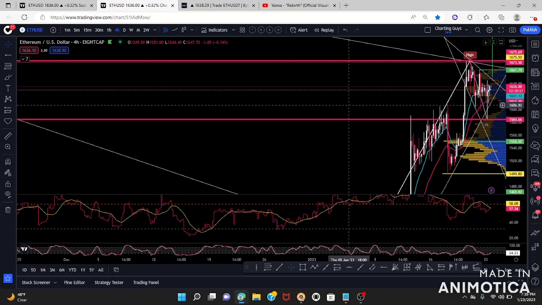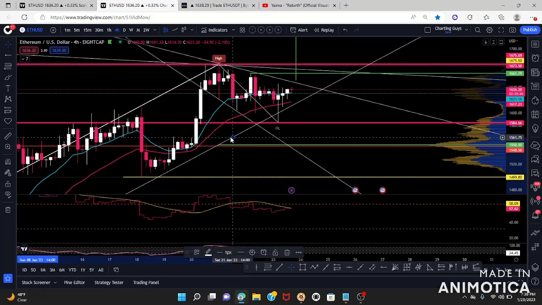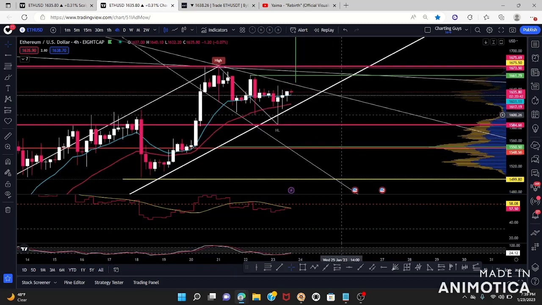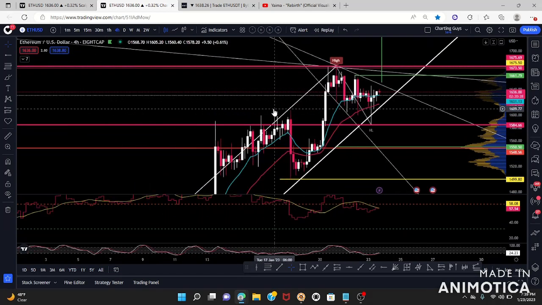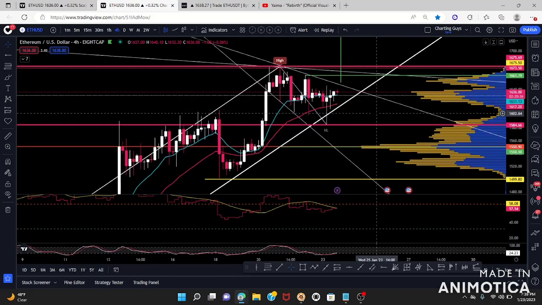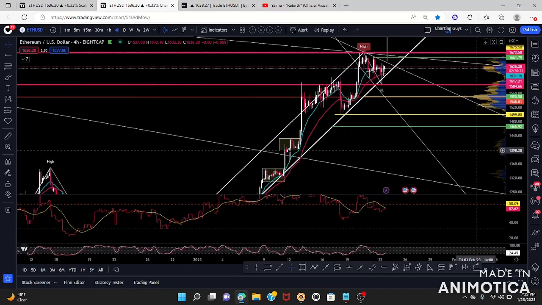So go on the 4-hour, set your alarm on this major daily trend line. It's highlighted. And once you see it rolling over, your 12 and your 26 EMAs, you can most definitely consider that short, and you have your targets to the downside.